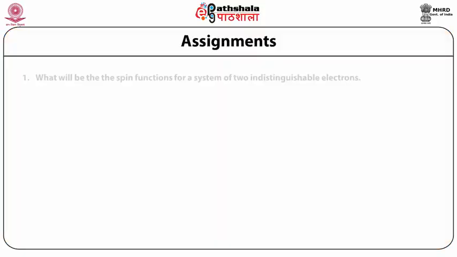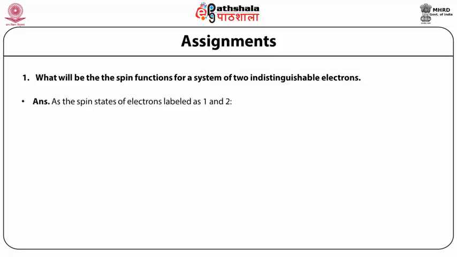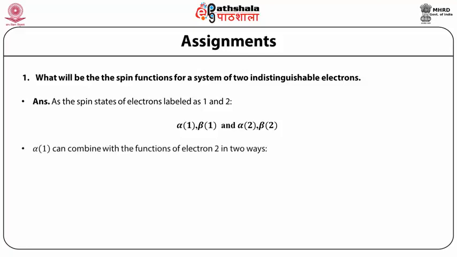molecule. What will be the spin functions for a system of two indistinguishable electrons? Take the spin states of electrons labeled as 1 and 2: alpha 1, beta 1 and alpha 2, beta 2. Alpha 1 can combine with the functions of electron 2 in two ways, alpha 1 alpha 2 and alpha 1 beta 2.